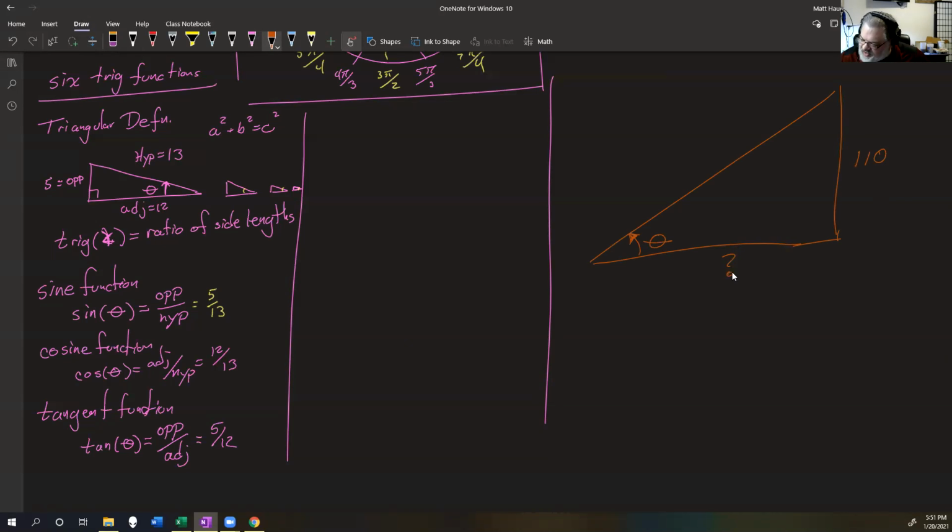How long would this side have to be to make it the same angle, essentially the same triangle, just a different scale? If this is 10, well, what side does that have to be? Well, what do we know? We know that the tangent of that angle, the ratio produced between the opposite and adjacent, has to be 5/12.